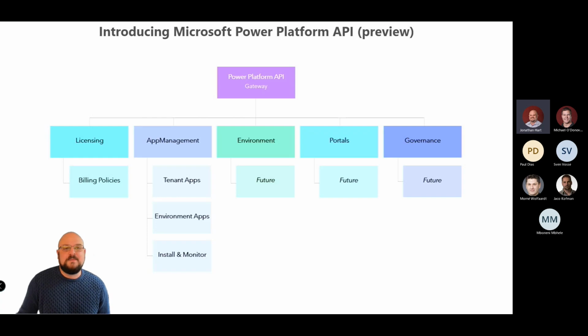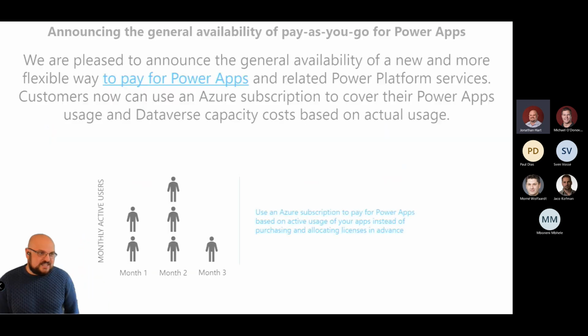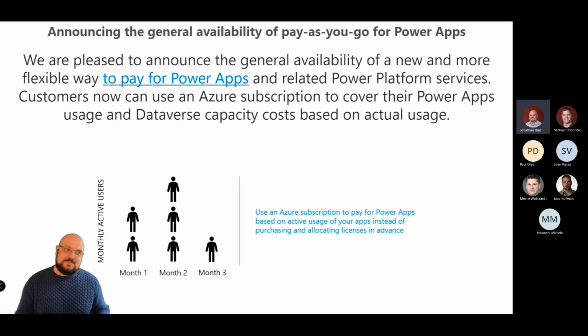And then lastly, the general availability of pay-as-you-go for Power Apps is now here. So what this means is instead of you licensing users individually, you now can tie it to an Azure subscription, and then depending on how these apps get utilized, it would go off on your Azure subscription instead.